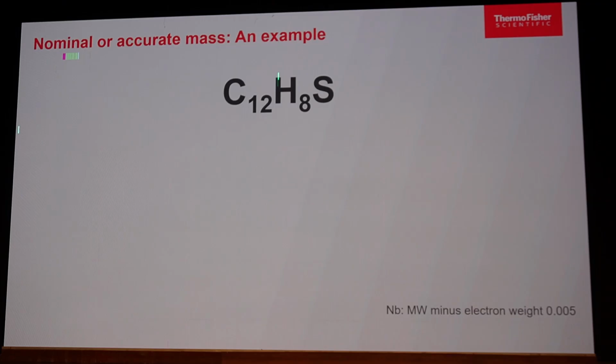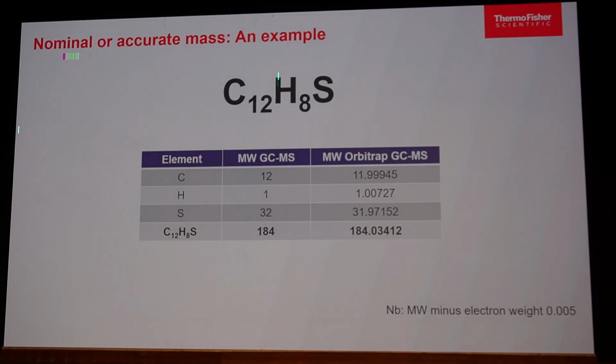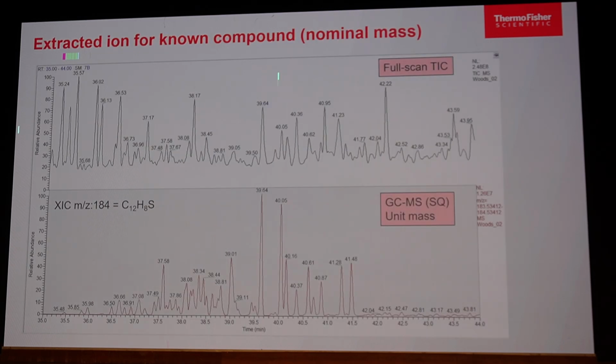This slide we have already seen during Sunil's presentation, about the nominal mass and the accurate mass. When you extract in full scan and go for 184 nominal mass, you can see they are at unit resolution. That means resolution for all quadrupoles is 1. So I am targeting 78.